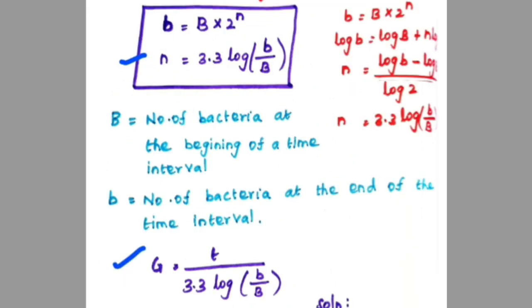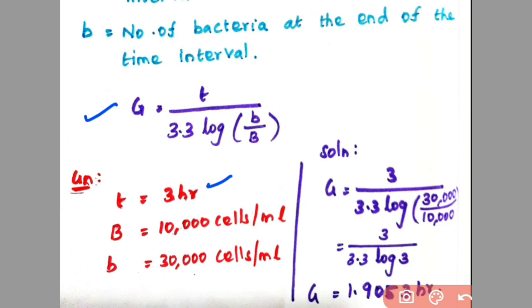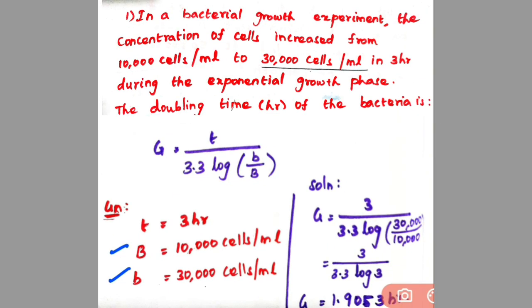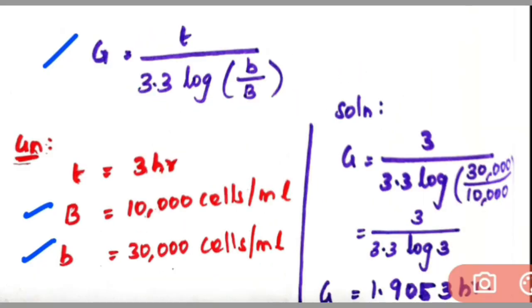So doubling time G is equal to T divided by N, that is T divided by 3.3 log of small b divided by capital B. Given data: T is 3 hours, capital B is 10,000 cells per ml and small b is 30,000 cells per ml. Just substitute the given data in the formula.